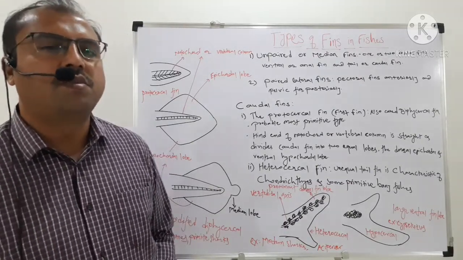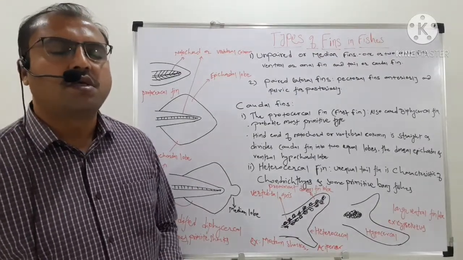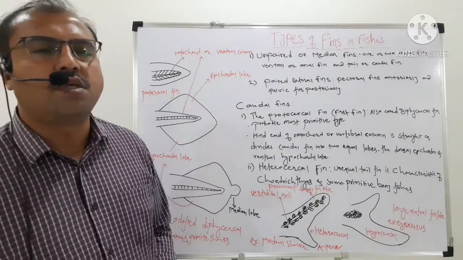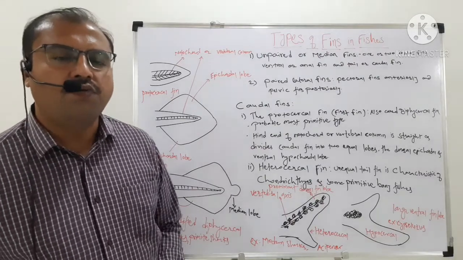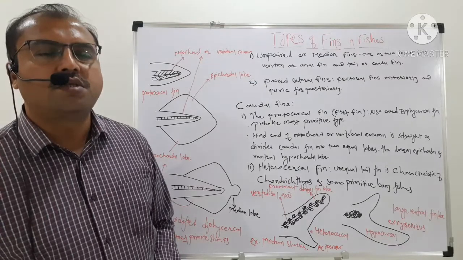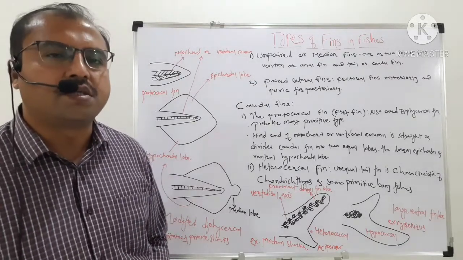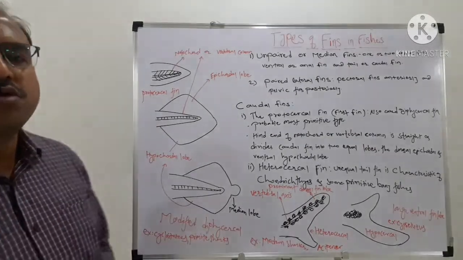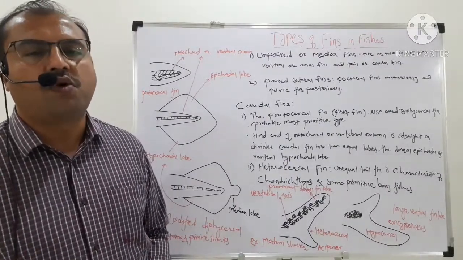But in Pisces, or gnathostomes, instead of paired appendages, as in cyclostomes we have seen the fin. And now in Pisces, instead of arms the fins are present, and in class Pisces these fins help them swim in the water.